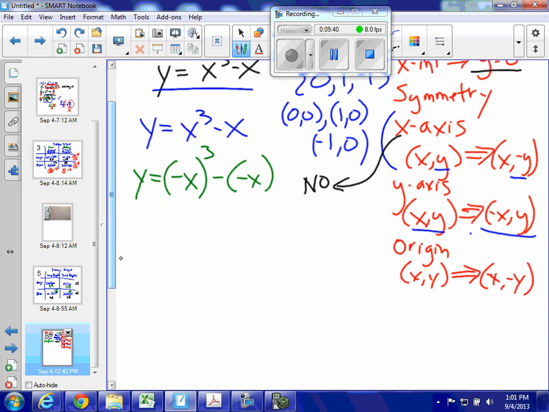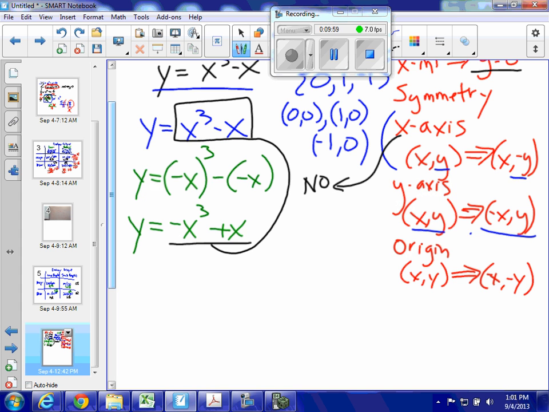It just helps it stay clear. So I have y is equal to, now I know negative x cubed is in fact equal to negative x cubed plus x. Well, is this y equal to this y? No, I don't think those are equal. I don't think they're equal at all. So, no, I do not have symmetry over the y-axis.